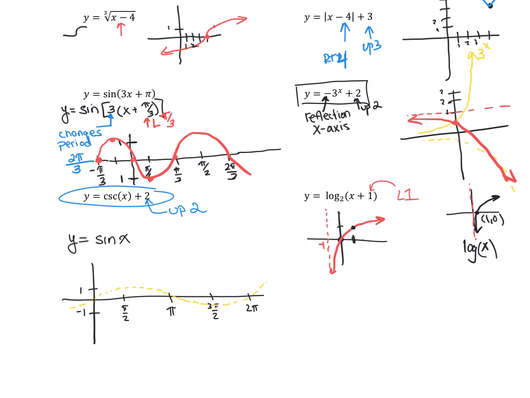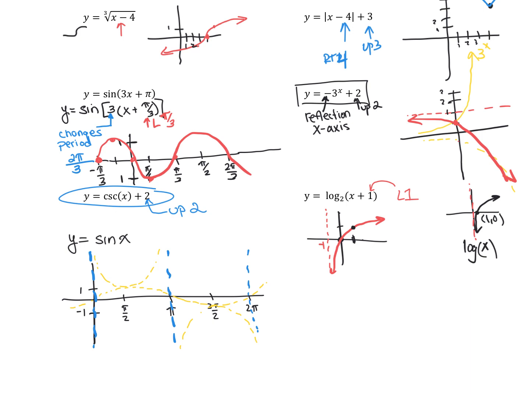So to make this into a cosecant graph, we know that anywhere that sine is 0, which is at 0, pi, and 2 pi, we're going to have an asymptote. And we would take these humps and valleys and reflect them to make these U shapes.